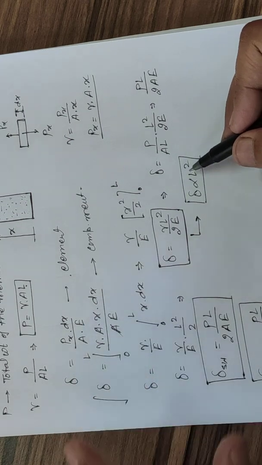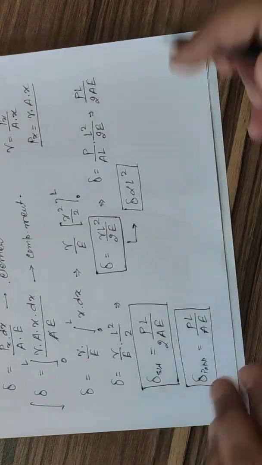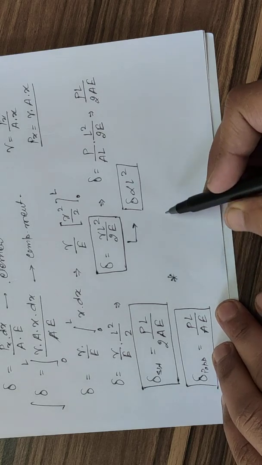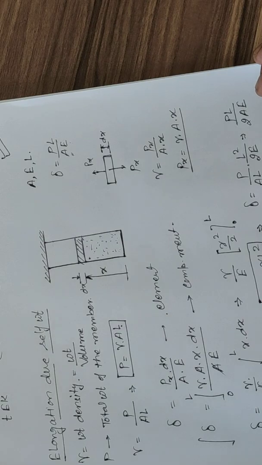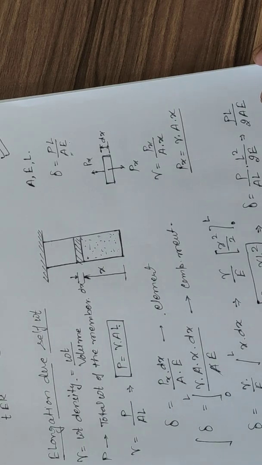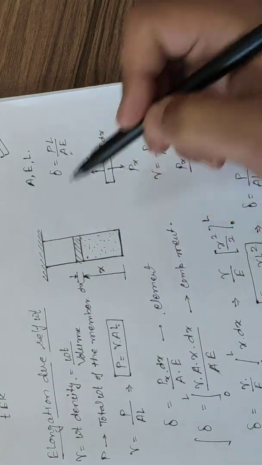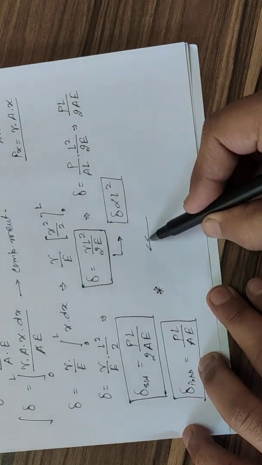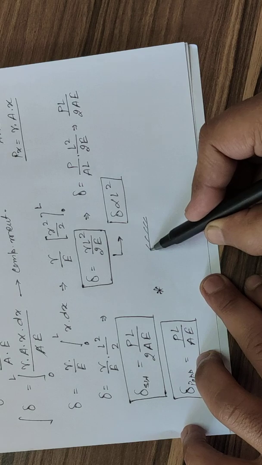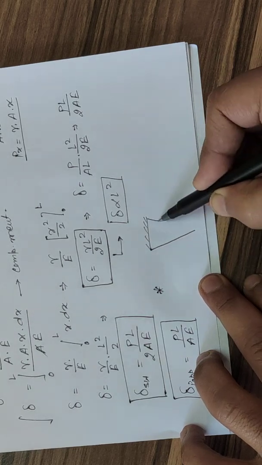One more case inside this topic is the conical bar. This is the prismatic bar, meaning the cross sectional area of the member is the same. Or we can have a conical bar.